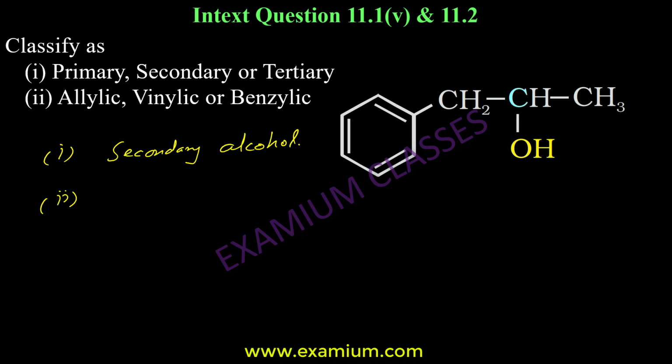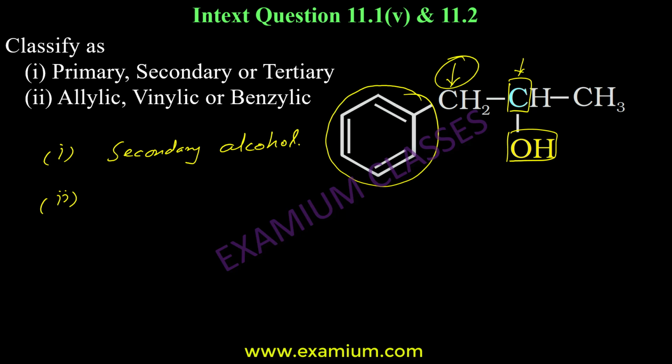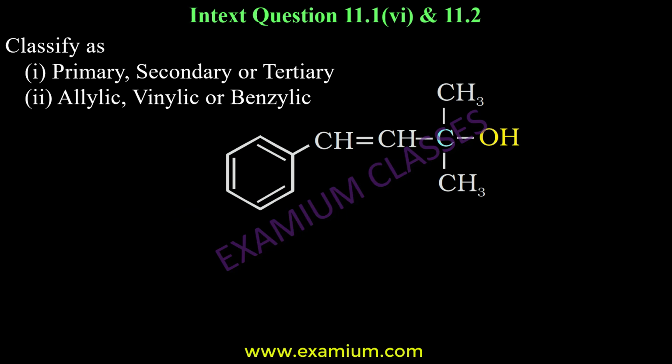So the carbon which is attached to OH has a carbon attached to it which is attached to a benzene ring. It means it is benzylic alcohol. That is the definition.